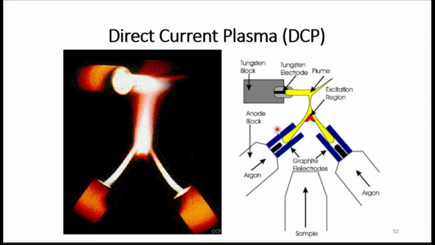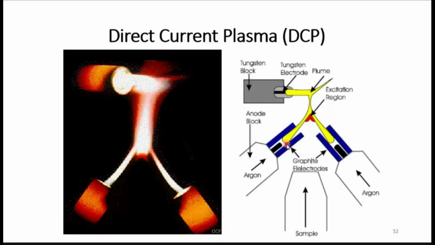Now let us understand the working and construction of it. See, there are two electrodes. These electrodes are made up of graphite. Now these graphite electrodes are hollow. That blue colored part is the electrode, and it is a cylinder, although thick, a thick walled cylinder.